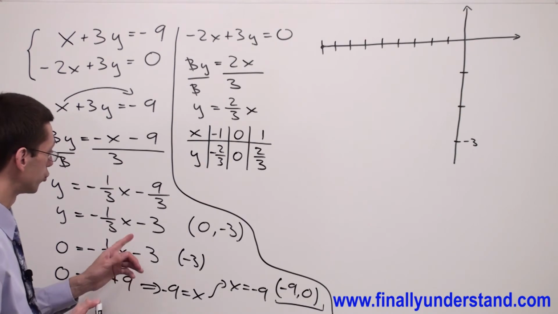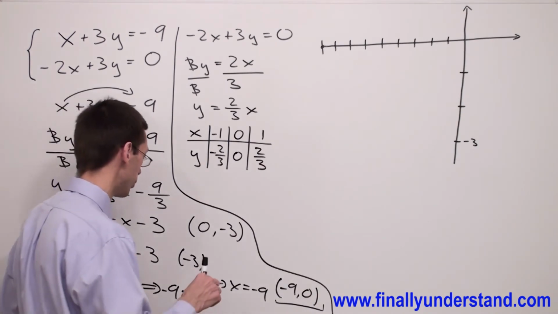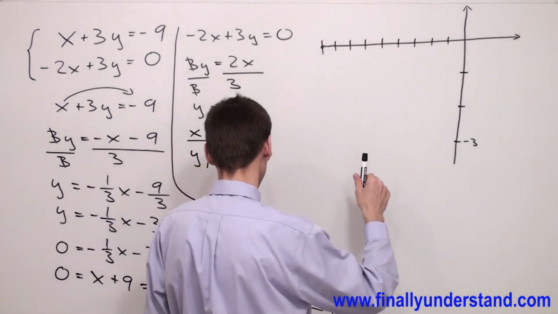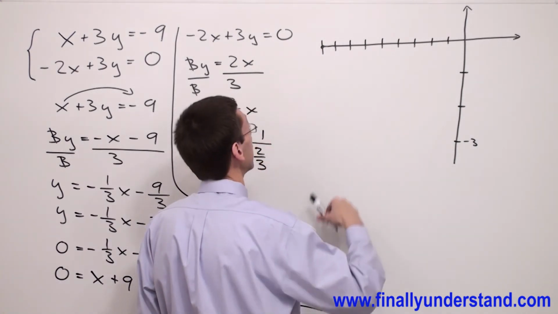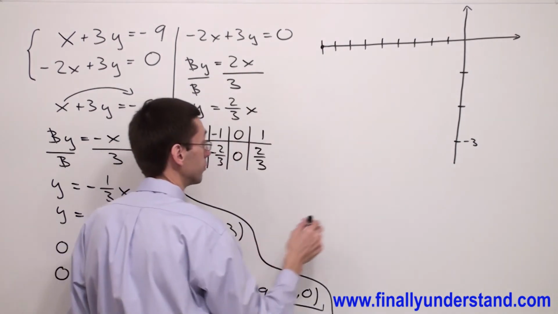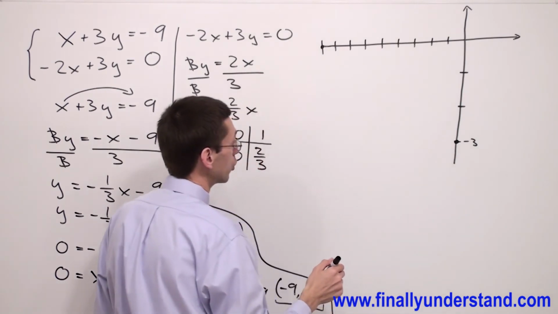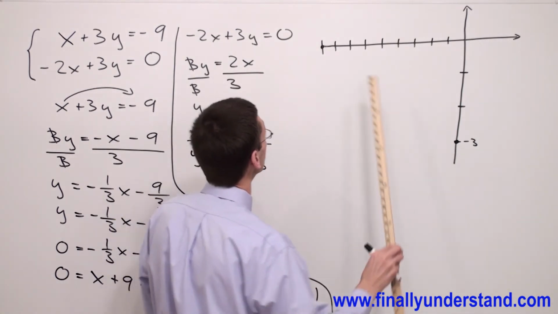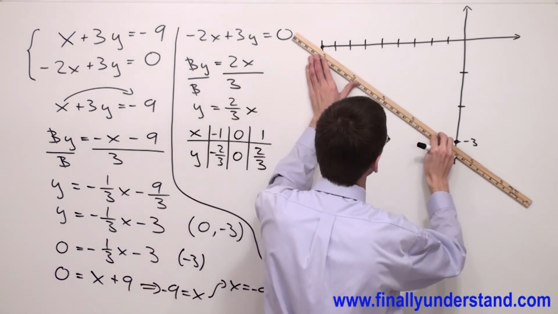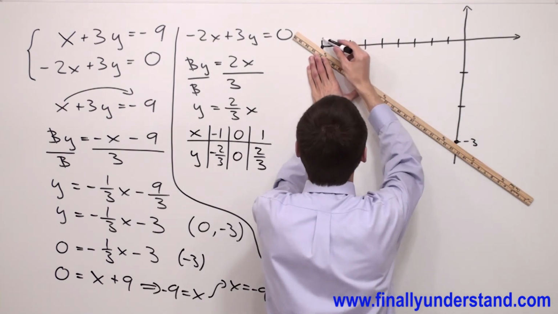So I'm going to draw right now the first line. My points, one more time: I have -9, 0, so this is my first point. The second point is 0, -3. Next, I'm supposed to connect these points together. Try to be as accurate as you can.